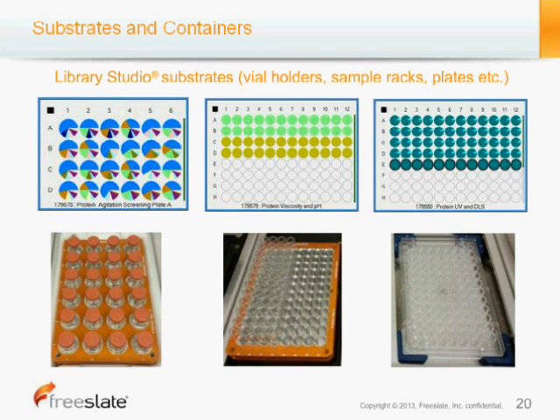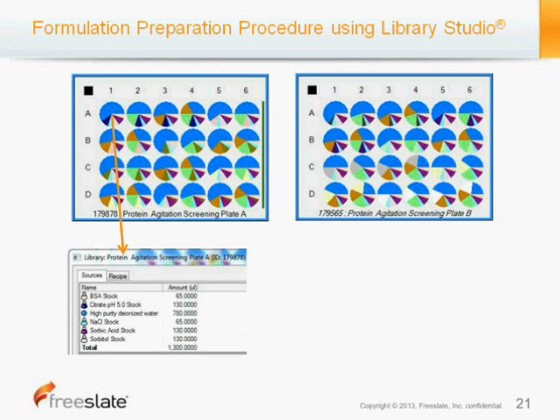And then so to start from where the study begins, as I mentioned before, we use the liquid handling to create our formulations from stocks. So basically we're doing a liquid compounding step here. And what you can do is in the Library Studio, you can basically take that table which I showed earlier that had the 48 formulations, and you can say, these are the target concentrations that I'd like to have.